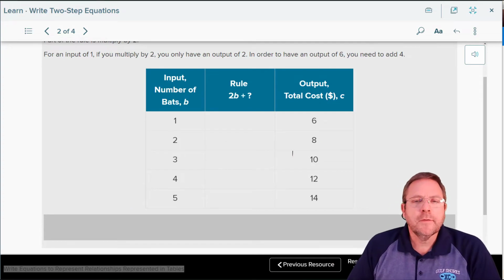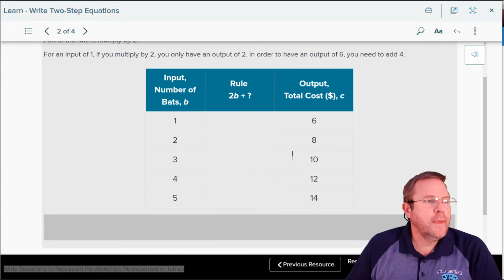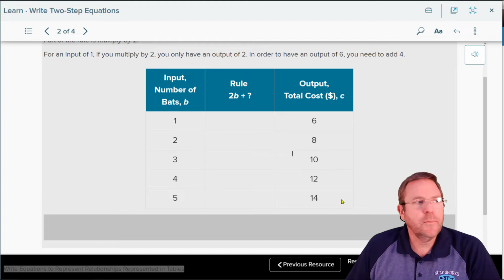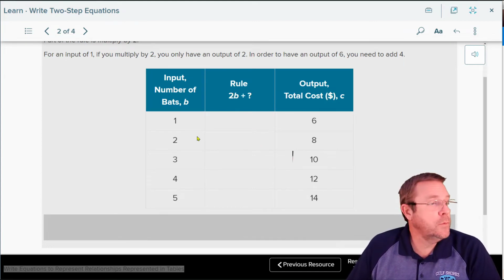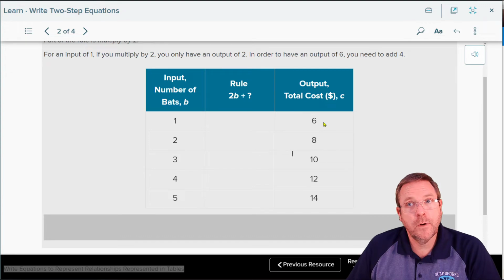So the next thing they said was, well, we're still focusing on that increase of 2 between each step. So what if we multiplied 2 times some number and then added a number to it? Well, if you did that, 2 times 1 would be 2, and then plus what would get you to 6? That would be plus 4. 2 times 2 would be 4, and plus what would be 8?